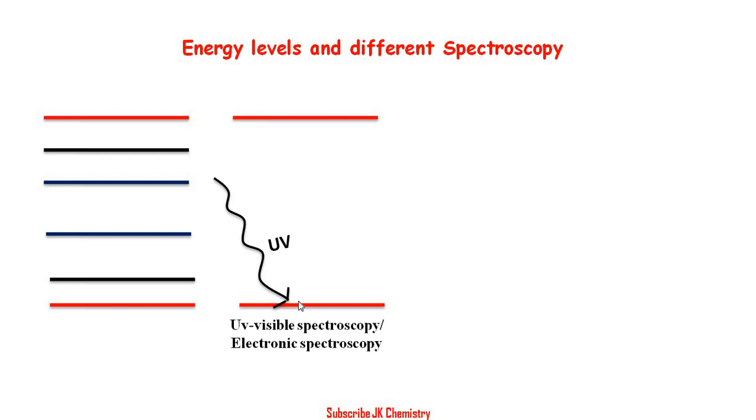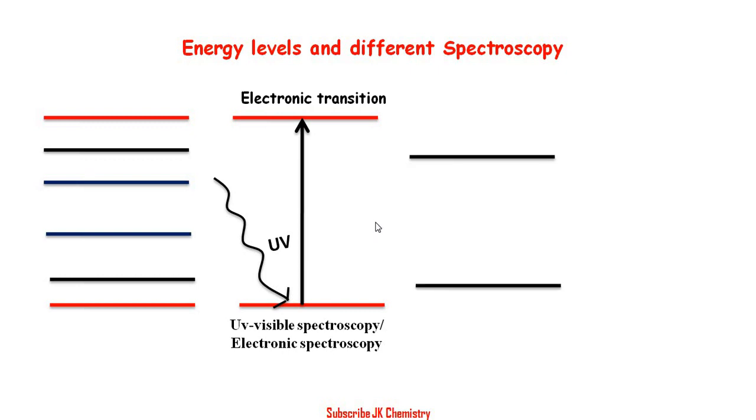An electron from a lower energy level gets excited to a higher energy level, like this. That is, a UV radiation interacted with a matter and an electronic change will take place. That's why it is called UV visible spectroscopy or electronic spectroscopy. So electronic transition takes place.